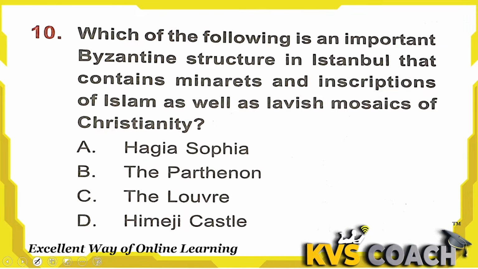Next is, which of the following is an important Byzantine structure in Istanbul that contains minarets and inscriptions of Islam as well as lavish mosaics of Christianity? That is Hagia Sophia. Option A is the right answer here. Okay. Option B, the Parthenon. This is a temple actually. This is a famous temple of Athena.